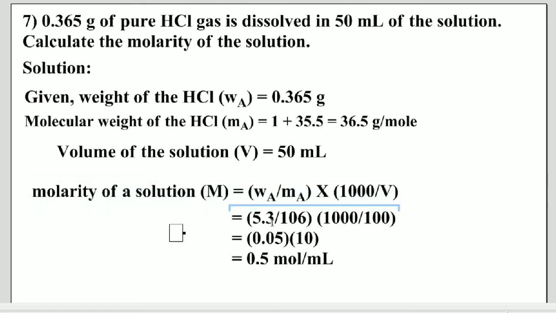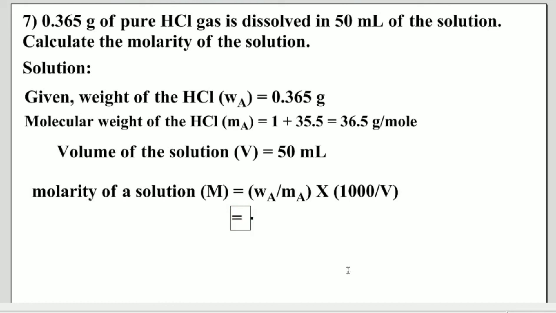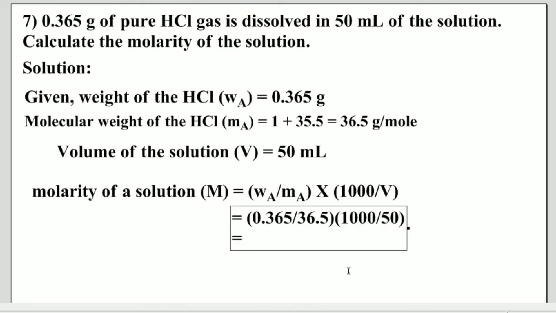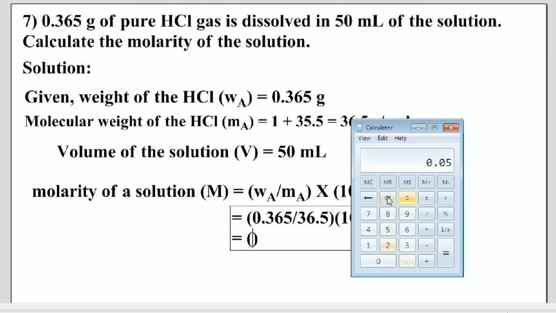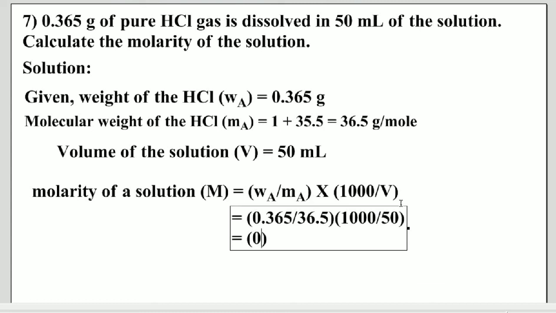Therefore the molarity of the solution is equal to the weight of HCl by the molecular weight of HCl, into 1000 by V. After substitution: 0.365 by 36.5, into 1000 by 50. 0.365 divided by 36.5 is equal to 0.01. 1000 by 50 means 20.